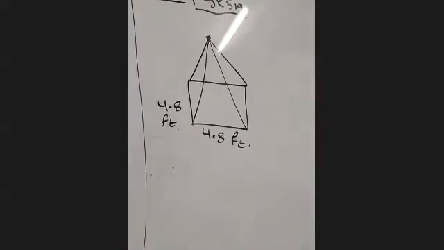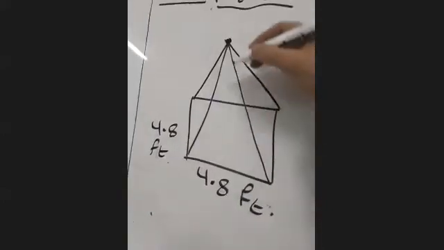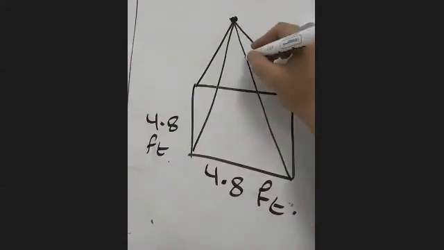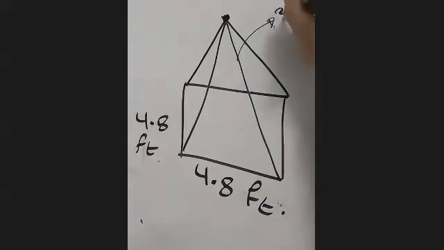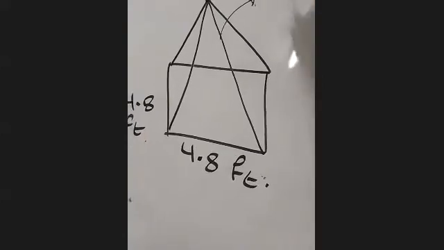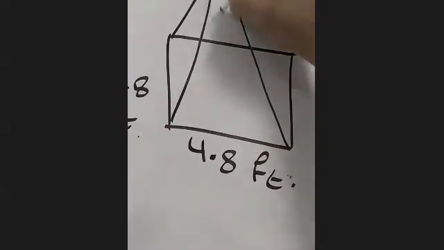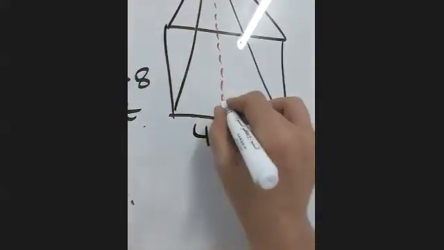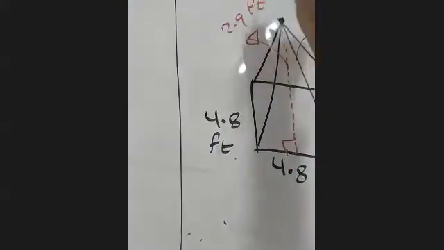Now they gave me 2 heights. This line here, how much is this line? 3.8 feet. How about the height of the triangle? 2.9. The height is 2.9 feet.